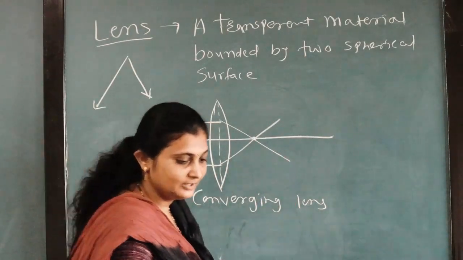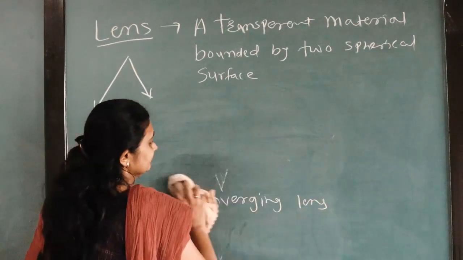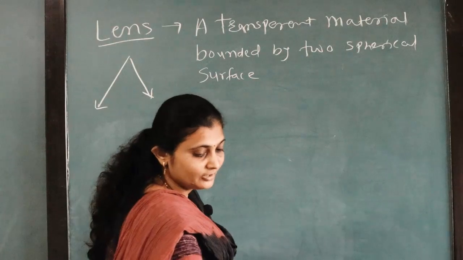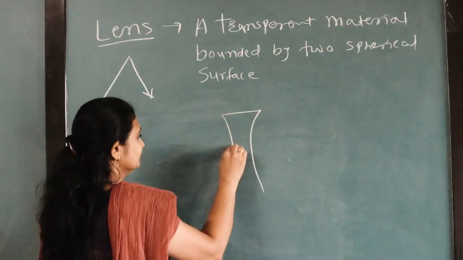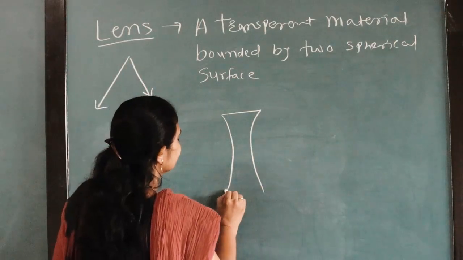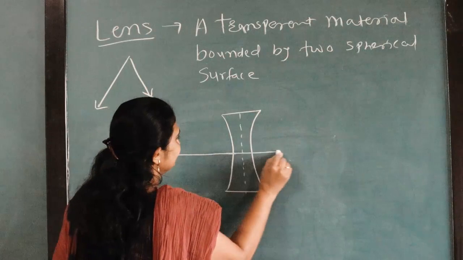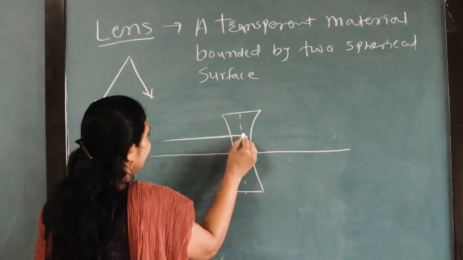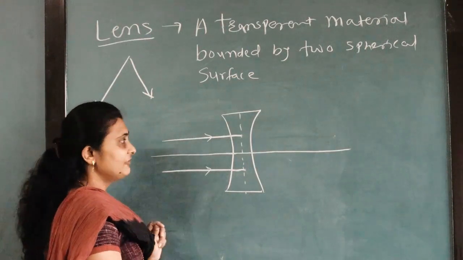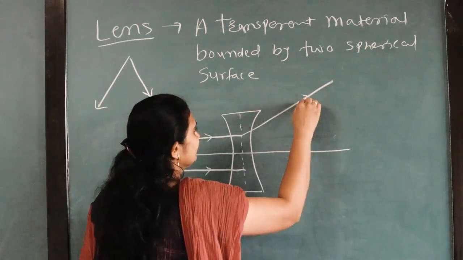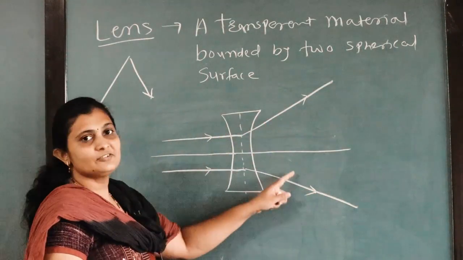Now we see the concave lens. What happened in the concave lens? Principal axis, a ray parallel to the principal axis. After refraction, they refract in this way.